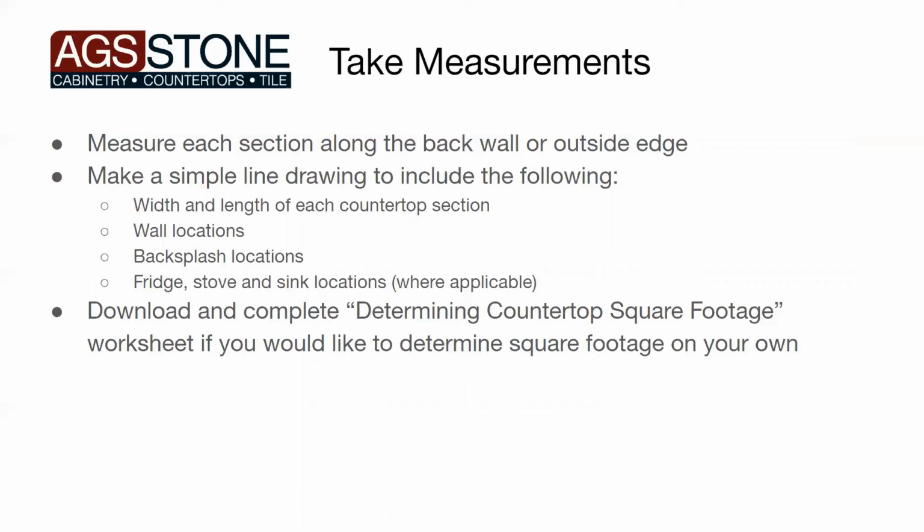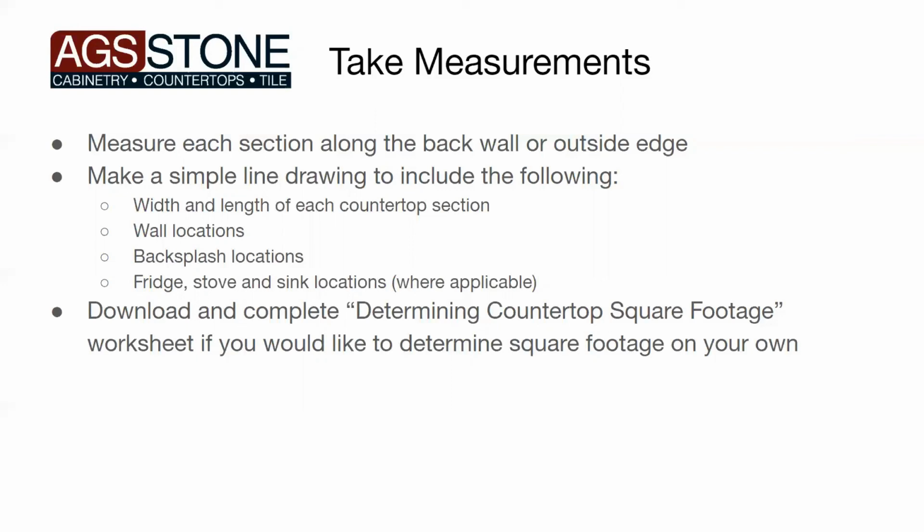What you're going to end up with is length dimensions for each of those countertop sections, and also the width. Now the width will likely be somewhat consistent, at least on most of the countertop sections. Standard width is typically 25.5 inches. Your cabinets are 24 inches, and then we have a 1.5 inch overhang, which gives 25.5.